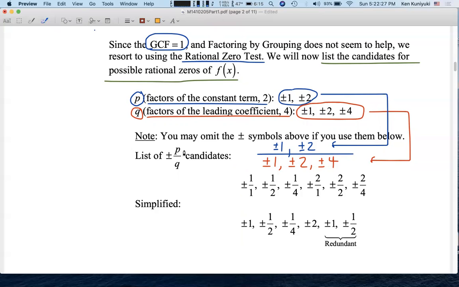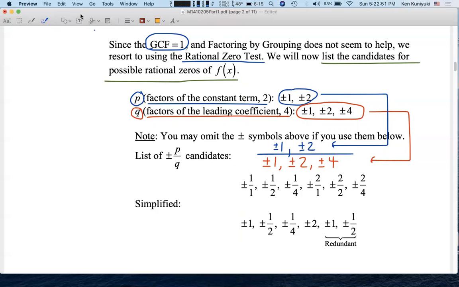The bottom line is that we need to have, in our format, factors of the constant term over factors of leading coefficient. The possible values of p over the possible values of q. So the factors of the constant term, plus or minus 1 and plus or minus 2, over the factors of the leading coefficient, plus or minus 1, plus or minus 2, and plus or minus 4.